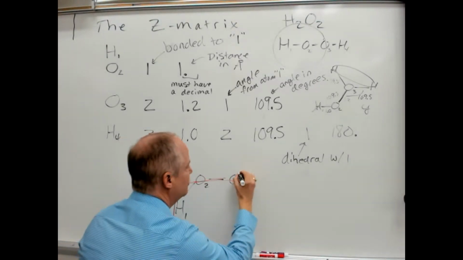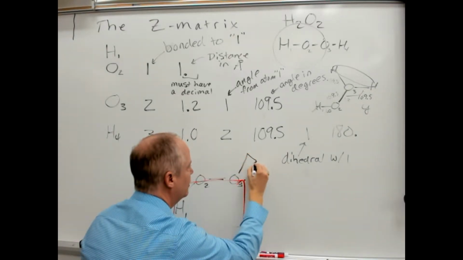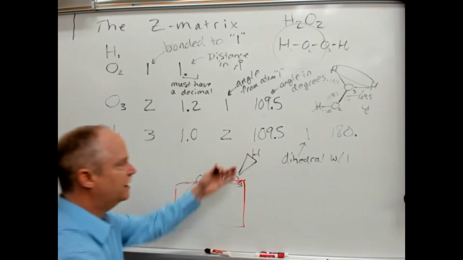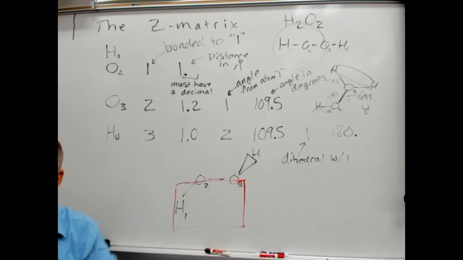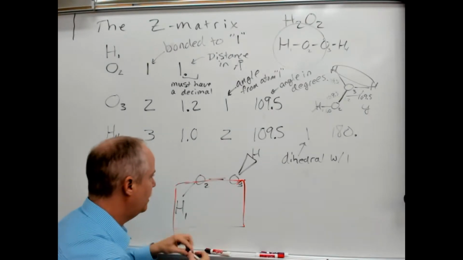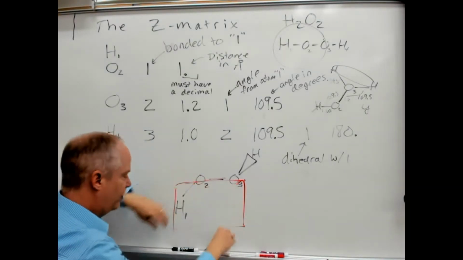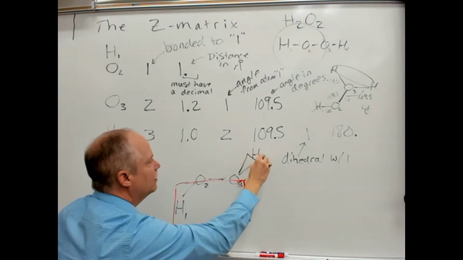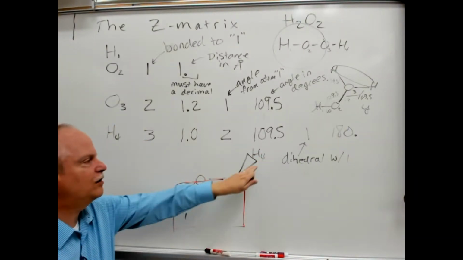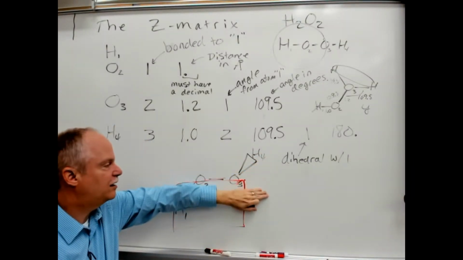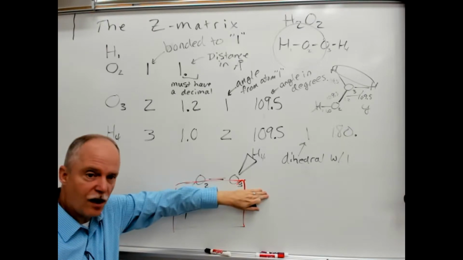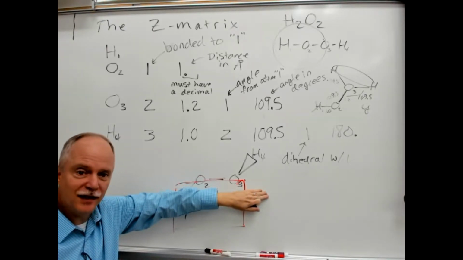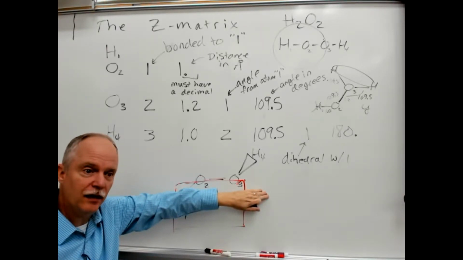I'm going to draw this hydrogen with a wedge to indicate it's coming out of the board to us. Now let's look at 2, 3, and 4. Oxygen 2, oxygen 3, and hydrogen 4. That's 3 points. They're not on a line, and so they define a separate plane, a different plane.